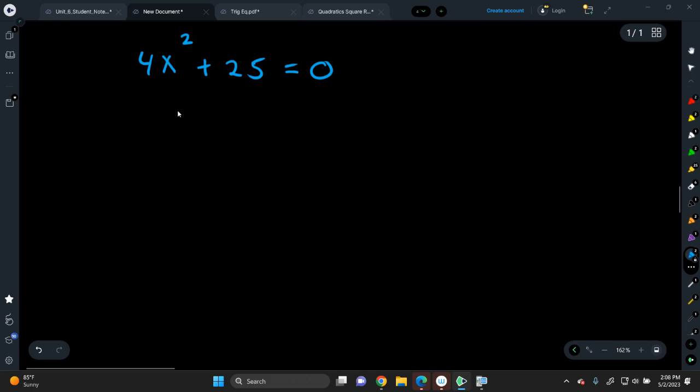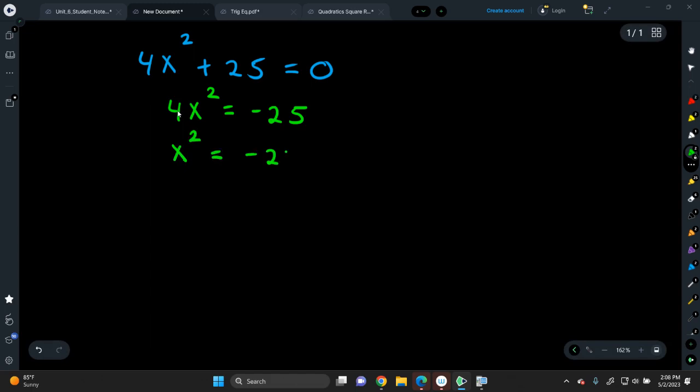So what do we do? Divide by 4. Now I have a negative number here. How'd you get the negative?